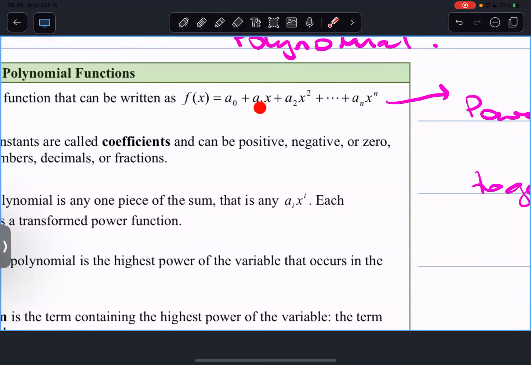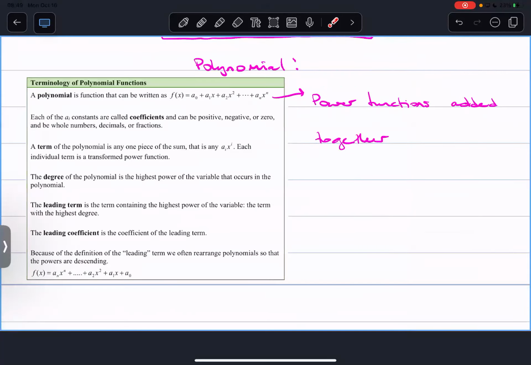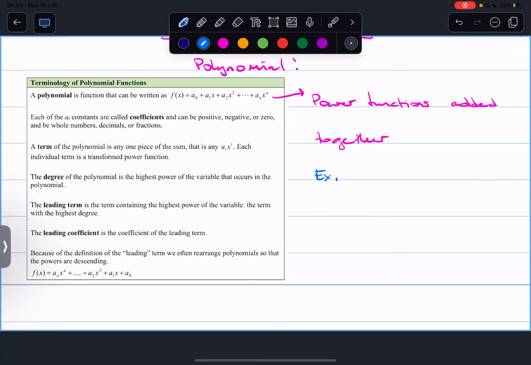X is the variable and a is used to denote the coefficient. We've seen things like f of x is negative 2x squared, right? That is a polynomial. It's a monomial because there's only one term, right?